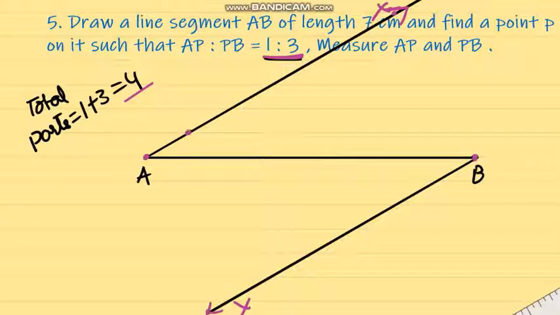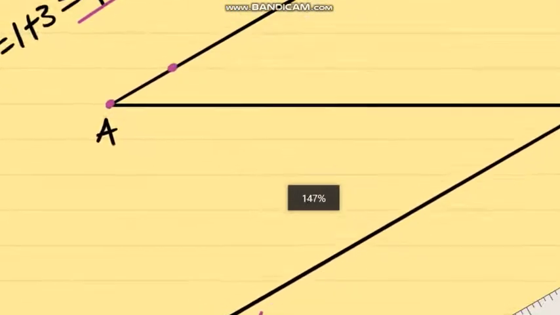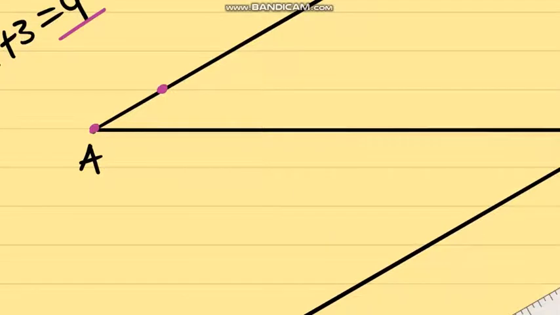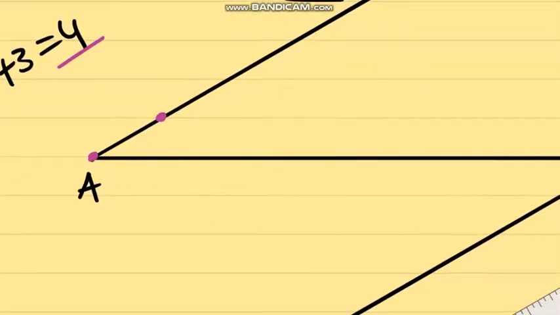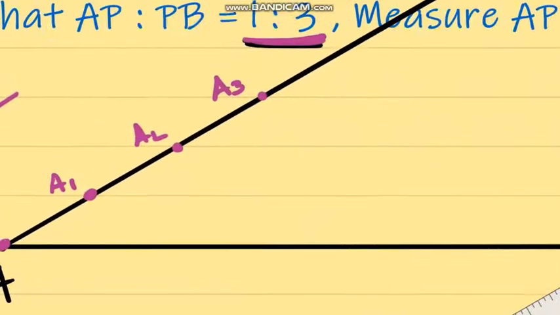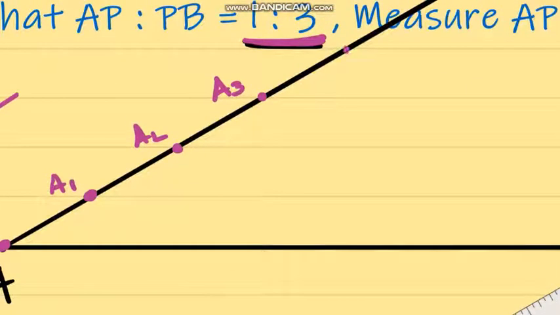So from A, you see the line of your notebook. This is the line of your notebook. Properly you have to observe. And how many parts you have to make? A1, then A2, then A3, and again come next you have A4.